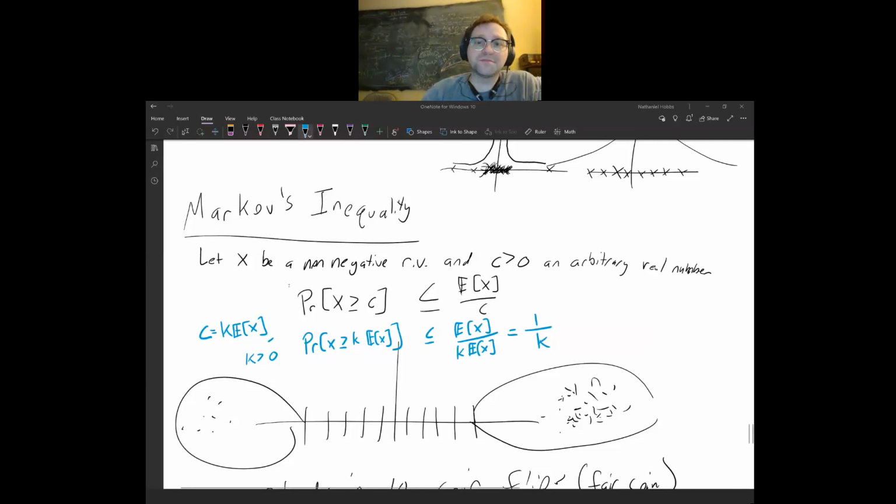Okay, so this is Markov. Maybe here in blue is a more useful way of framing Markov. The above in black is the way that Markov's inequality is usually presented. But I think that the thing in blue is more intuitive. Think about it.